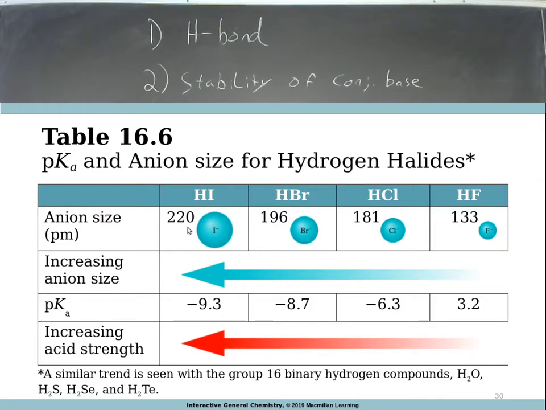And again, the hydrogen is more readily donated. That gives us this huge acid strength, a pKa of negative 9. And if we look down the line, HBr, HCl, and HF, this trend holds. The short HF bond length in hydrofluoric acid is what leads to the weak acidity of that compound.